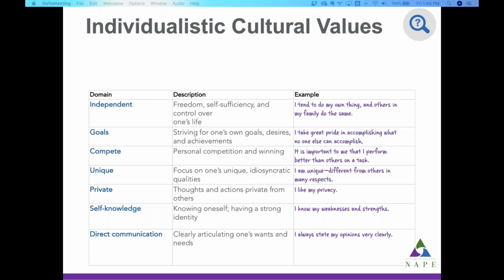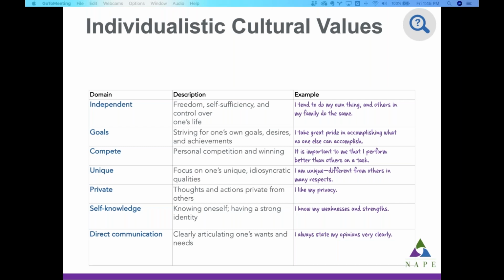The next one is wanting to be unique, and how we can always separate and identify our differences from others. The next key piece is privacy, really valuing keeping thoughts and actions private from others.